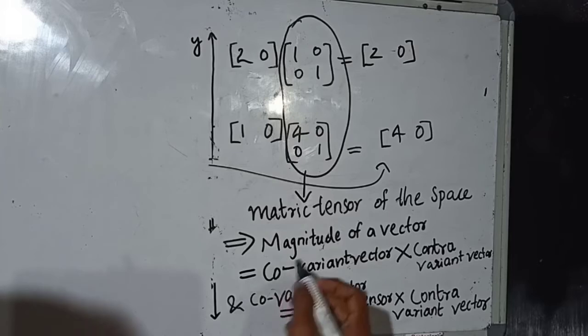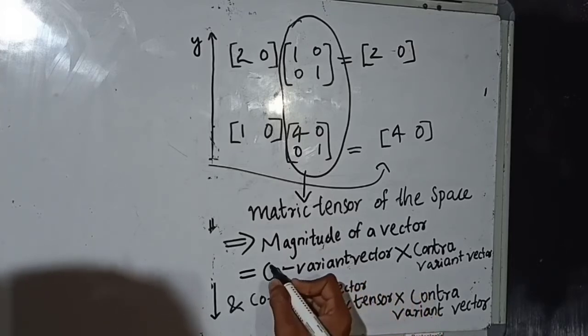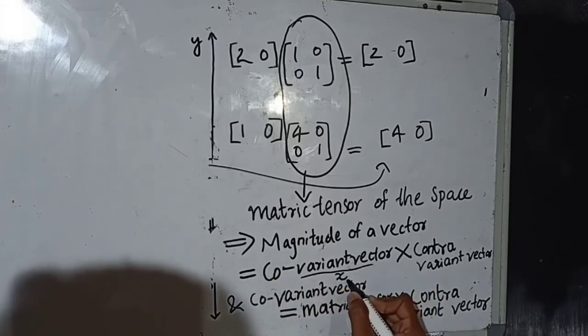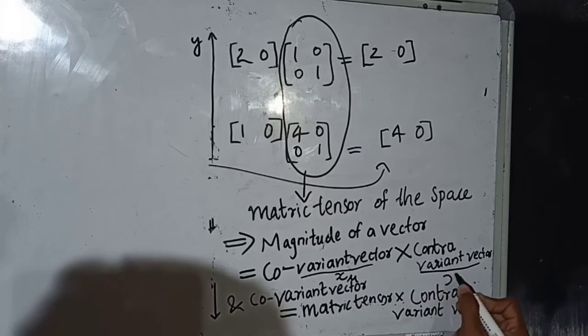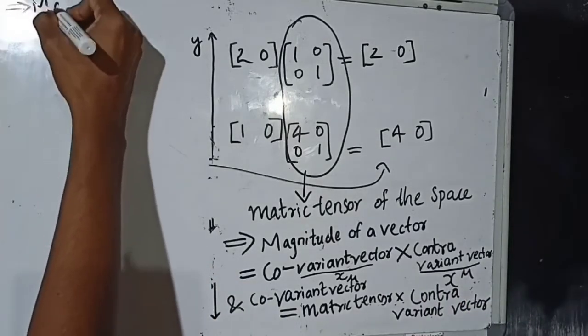We can represent the covariant vector components with the symbol x sub index mu, and the contravariant components with x upper super index mu.